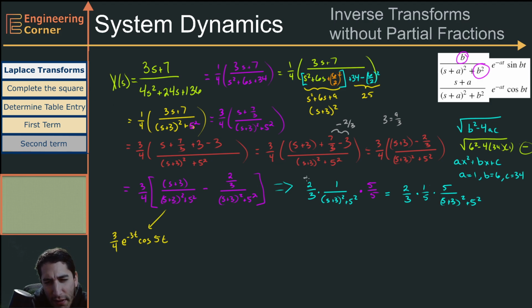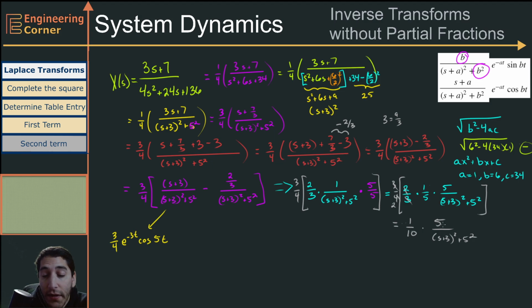And I really, if I remember correctly, I have this 3/4 term. So really this is being multiplied by 3/4. This is being multiplied by 3/4. So when I multiply everything through, that 3 is going to cancel. This 2 and that 4 is going to be a 1/2. So this is going to be equal to 1/10 times 5 over s plus 3 squared plus 5 squared.